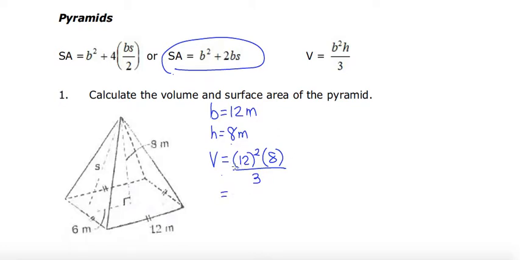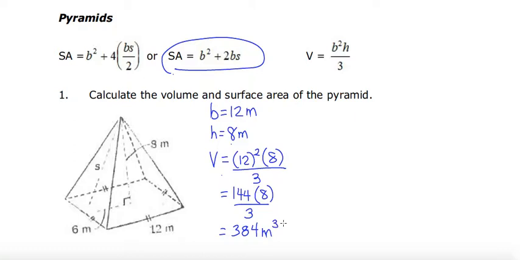We have to follow order of operations, so our exponents first. 12 times 12 is 144, times 8 divided by 3. You can do this in one step. 144 times 8 gives you 1,152, divided by 3 gives us a volume of 384, and my units are meters cubed because it's volume.